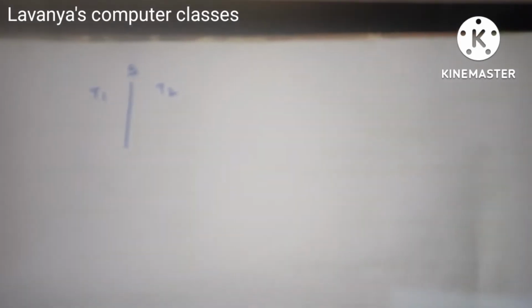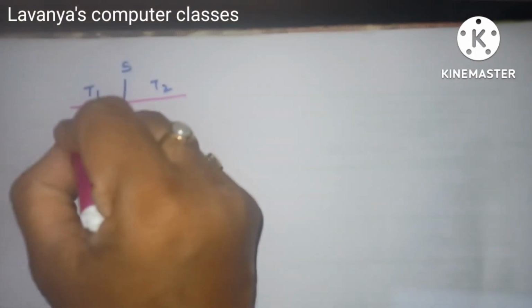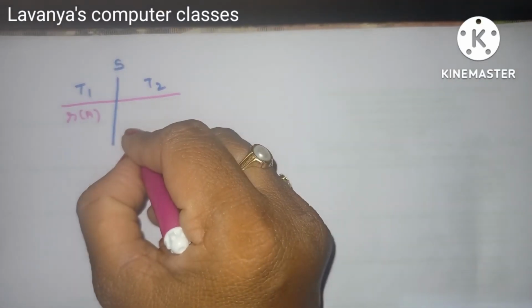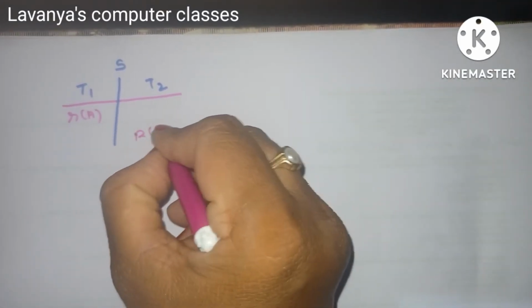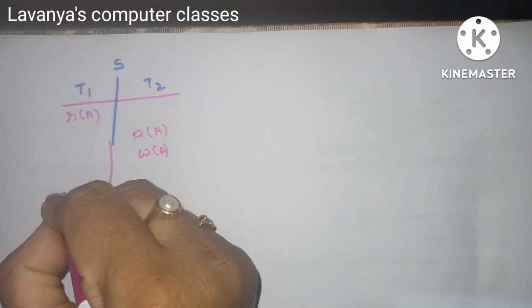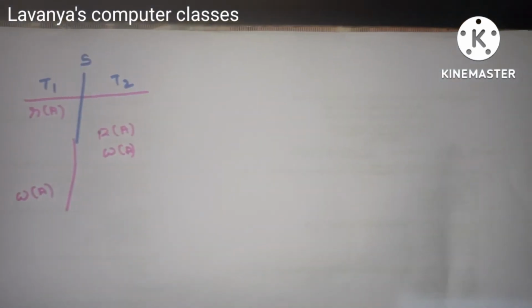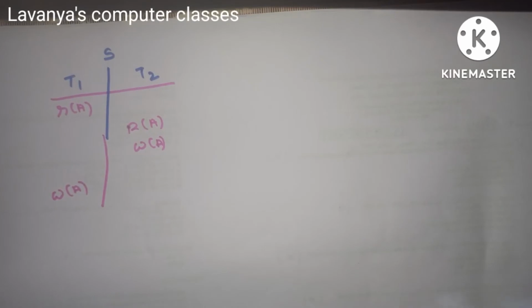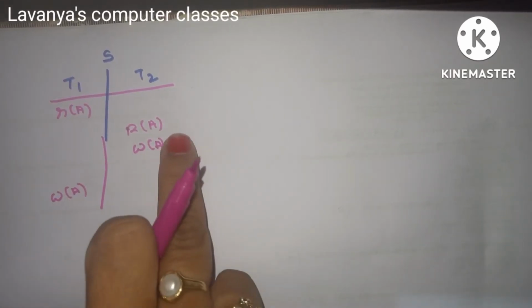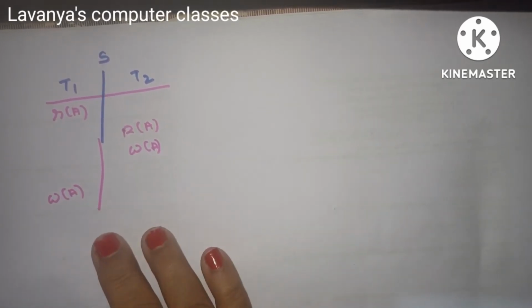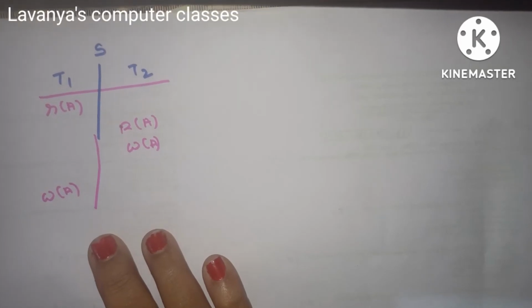I will write some operations in order of execution: read A, then read A, write A, then write A. So these are the operations on the two transactions, T1 and T2. Just check it: is it a serial schedule or a non-serial schedule?